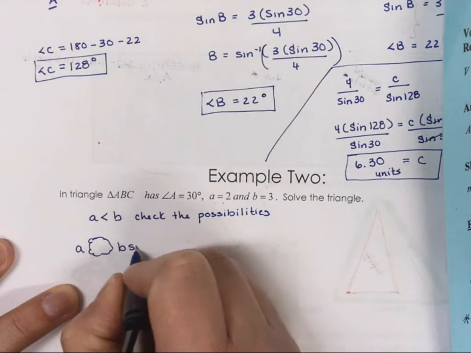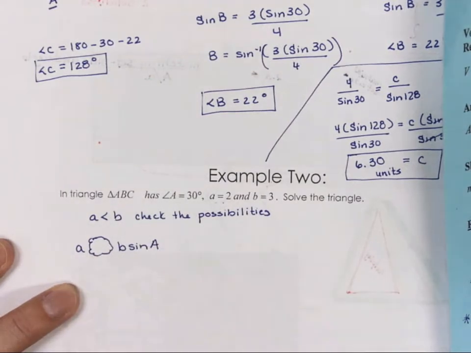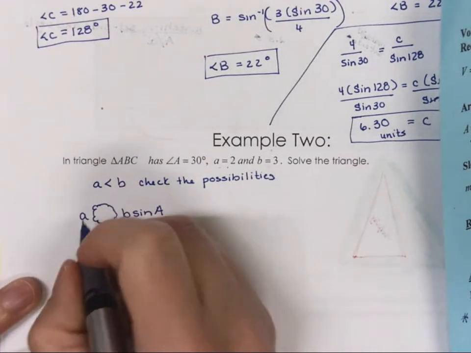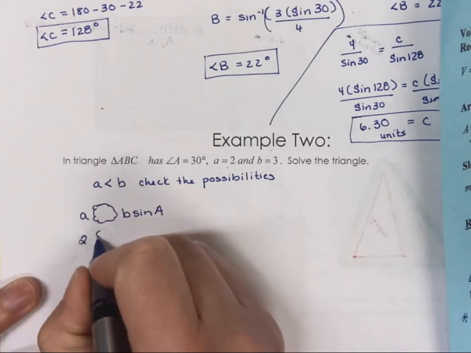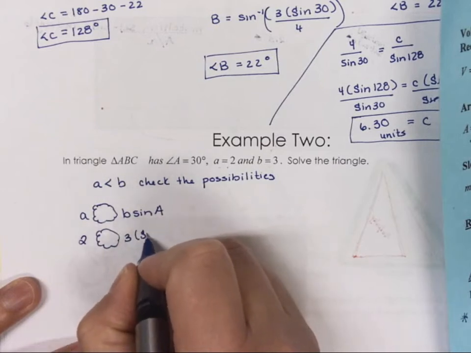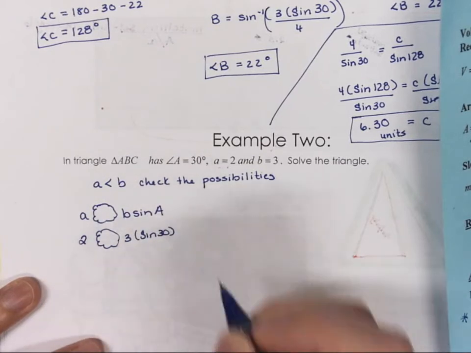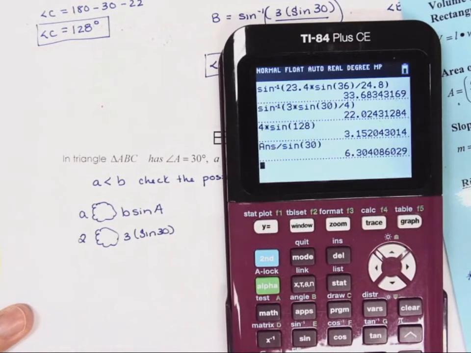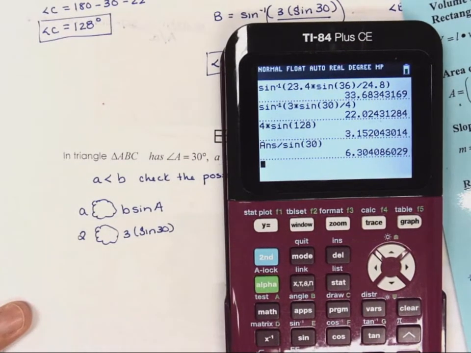I've got 2 fluffy cloud, B is 3 times sine of 30. So in my handy dandy calculator, I'm going to do sine of 30, close my bracket, times 3. So this is going to be 1.5.